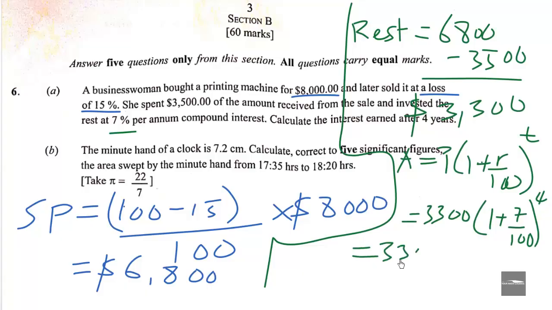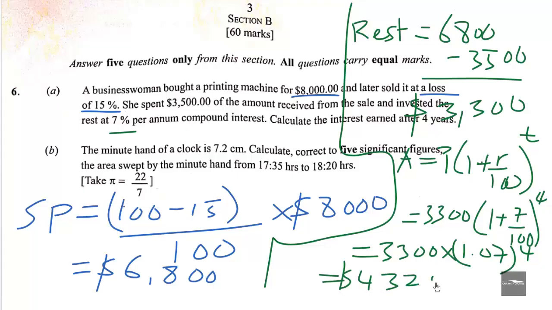So we have to simplify this. 3,300 times 1.07 exponent 4. And when we simplify this, we obtain $4,325.63. So that is the amount at the end of the 4 years.